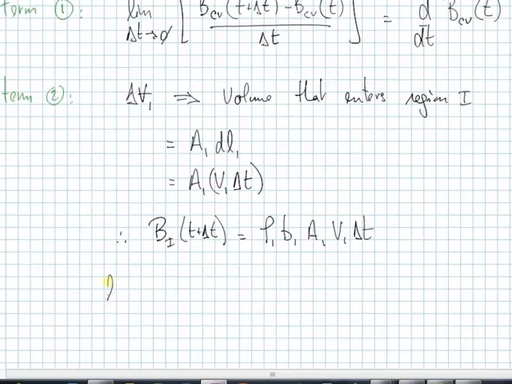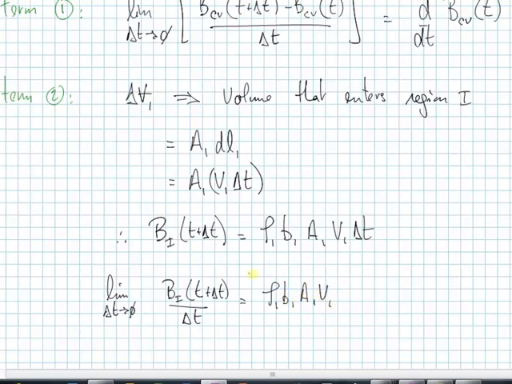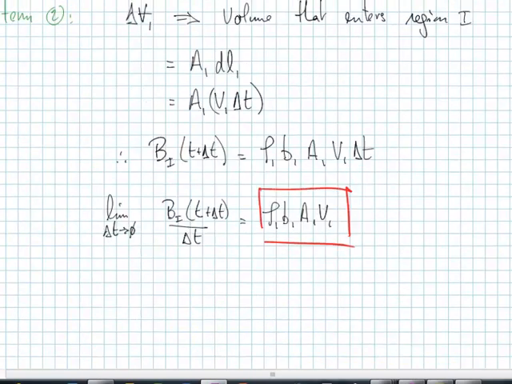And the limit, as delta t approaches 0, of B1 of t plus delta t over delta t is equal to rho 1 B1 A1 V1. All right, this is taking way too long, but we're almost finished. We're going to push this to the end here and we're almost there.